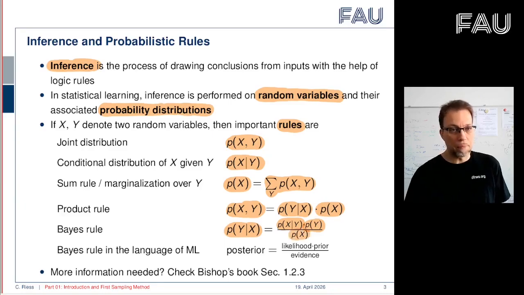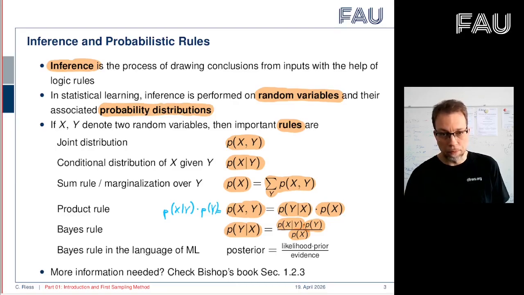And this is a direct application of the product rule. If you extend this to the other side by a decomposition, p(x given y) times p(y), then you can directly form Bayes rule out of this by dividing by p(x). So this goes here to the bottom, and there's Bayes rule.